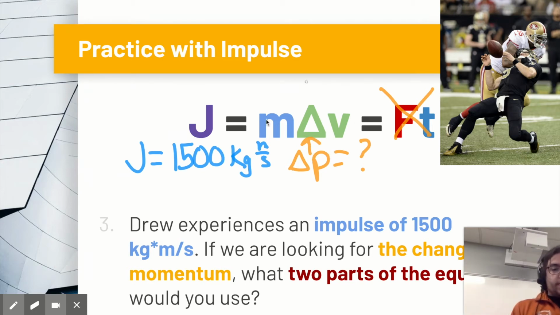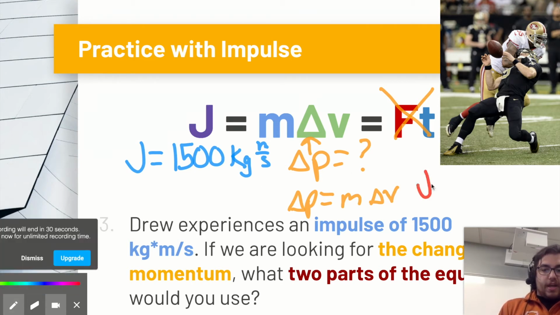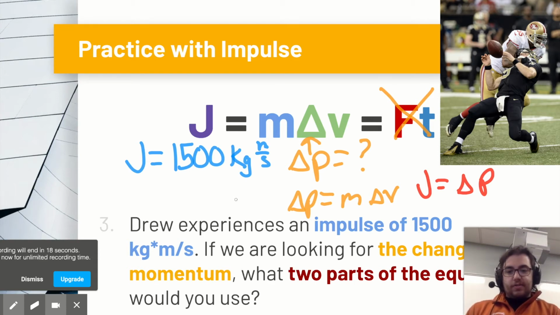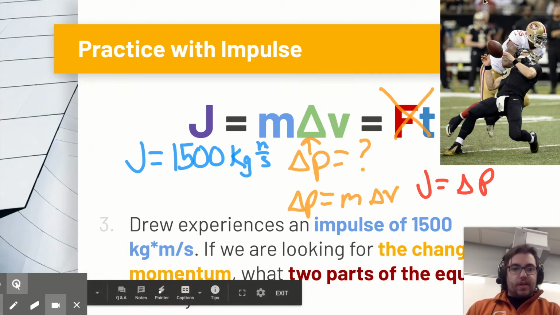This m times delta v is the exact same thing as delta p. So all we are looking for is J is equal to delta p. So since we have impulse, we already know the change in momentum. It is 1500. Okay, we got one more practice one, which I will do just in a second.